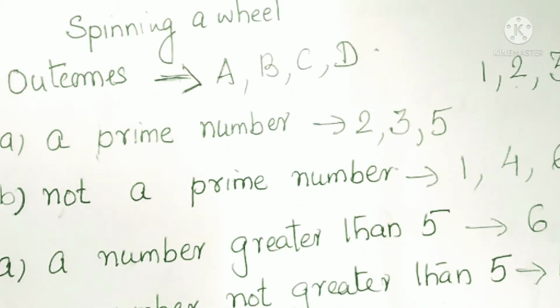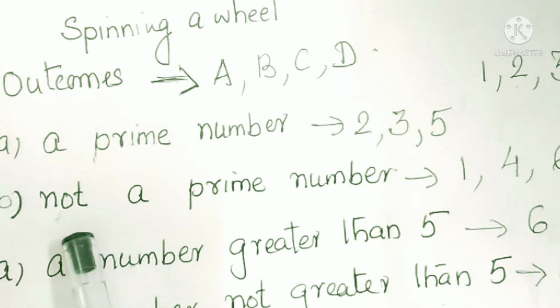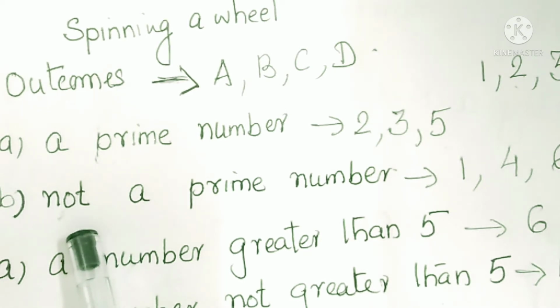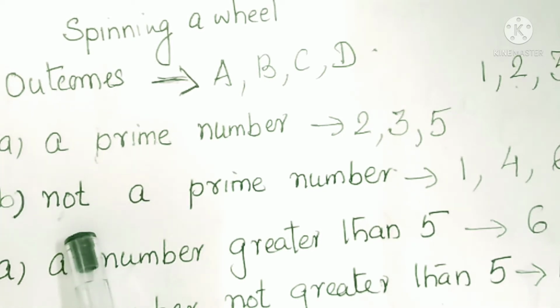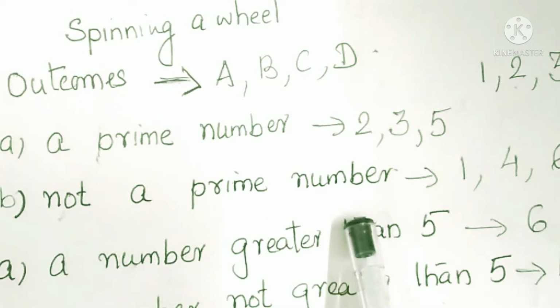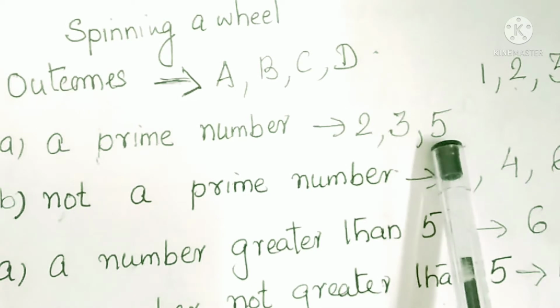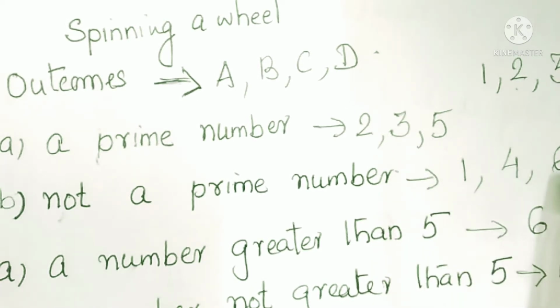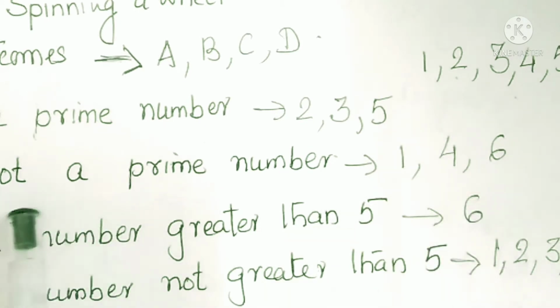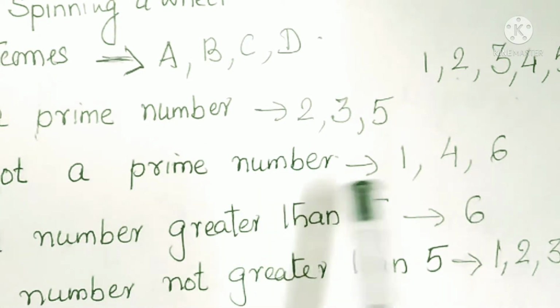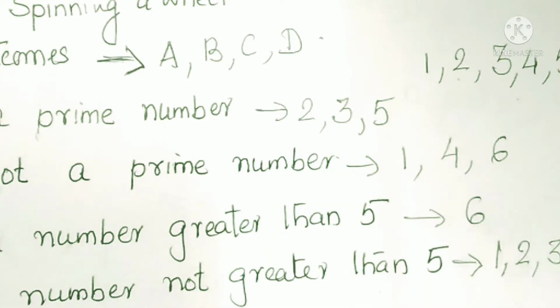The next question is, list the outcome when the number is not a prime number. If 2, 3, 5 are prime numbers, so 1, 4 and 6 are not prime numbers. So the answer is: not a prime number, 1, 4 and 6.